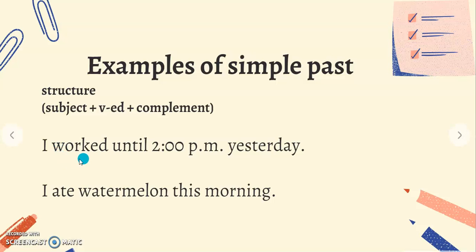Because this verb is a regular verb in past. This verb is an irregular verb in past. For that reason, we need to be careful how or when we are using regular verbs and irregular verbs using simple past.